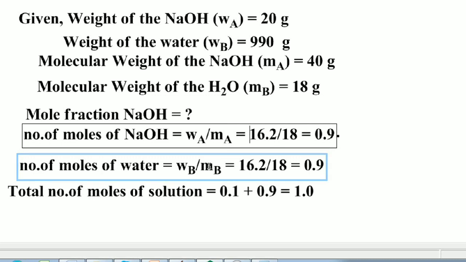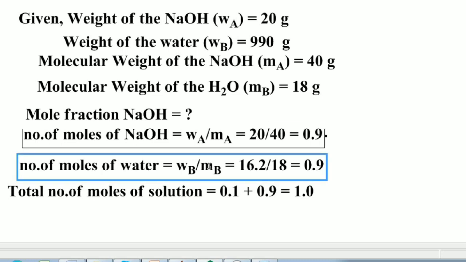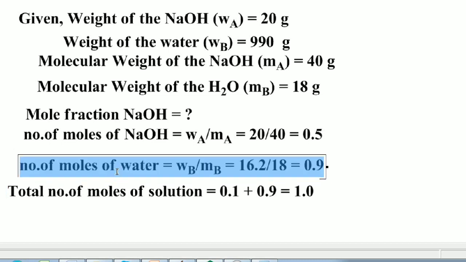So weight of the NaOH is 20 grams and the molecular mass of the NaOH is 40. That equals 20 by 40, means 2 by 4, that equals 0.5. 0.5 is the number of moles of NaOH.